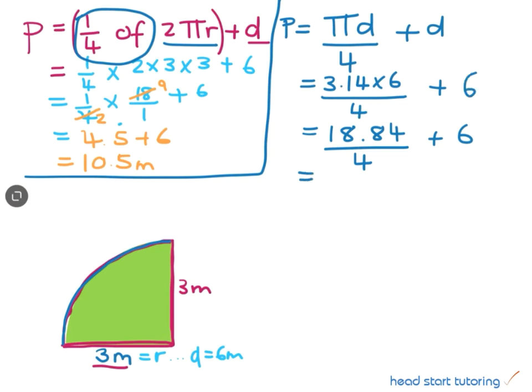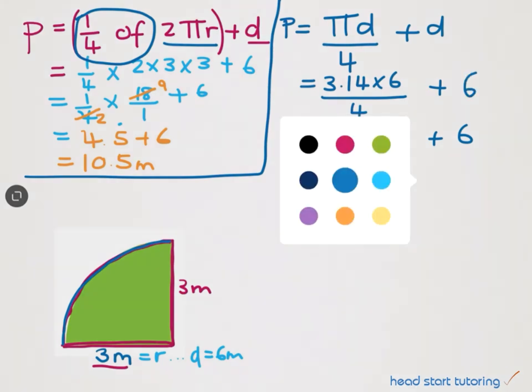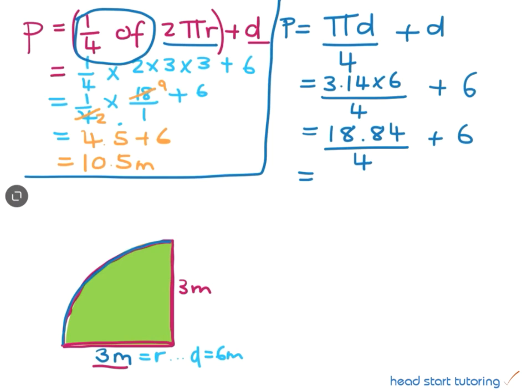Right, so 18.84 divided by 4 gives us an answer of 4.71, and we plus our 6 to get an answer of 10.71 meters. So the perimeter of this quarter of a circle, when we have a radius of 3 meters, is equal to 10.71 meters when we use pi equal to 3.14.